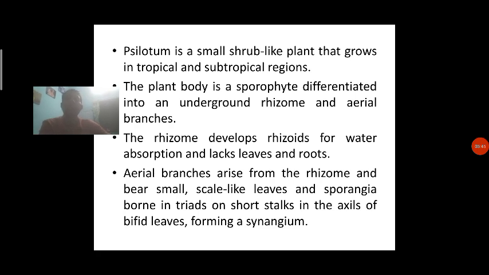You can see a particular type of branching appears on the rhizome, and it produces small scale-like leaves. There is an absence of a large number of leaves, but smaller leaves are present, and along with these leaves you can observe the sporangia in triads on short stalks in the axil of leaves. This is the basic structure.